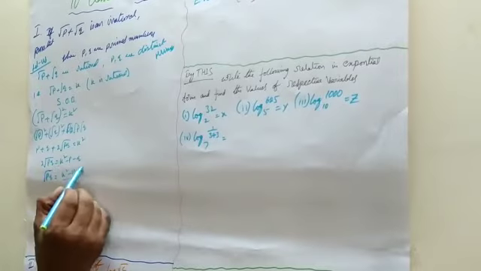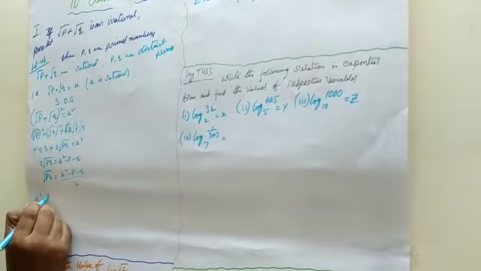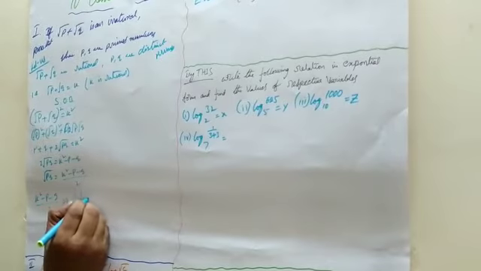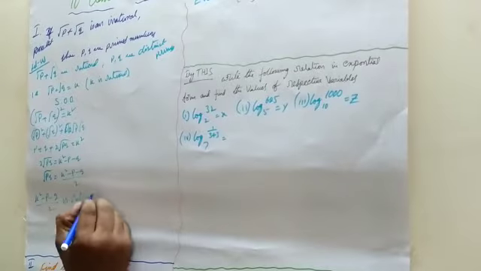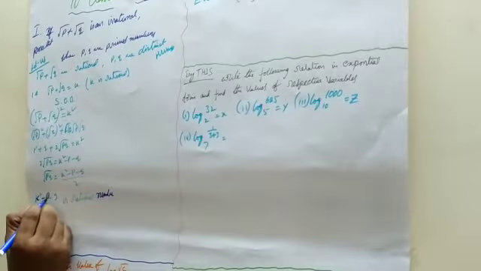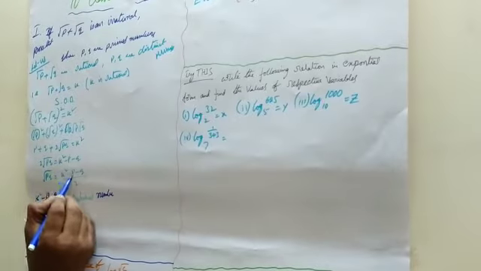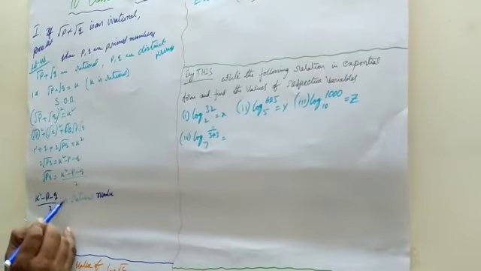Now this is a rational number, and rational number is equal to rational number. Therefore k square minus p minus q divided by 2 is a rational number.